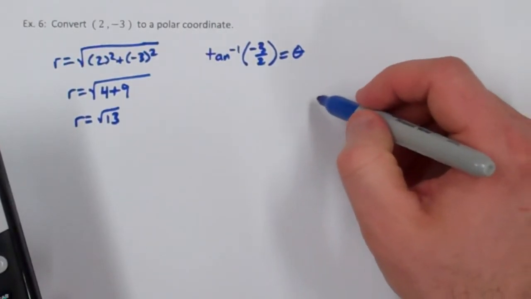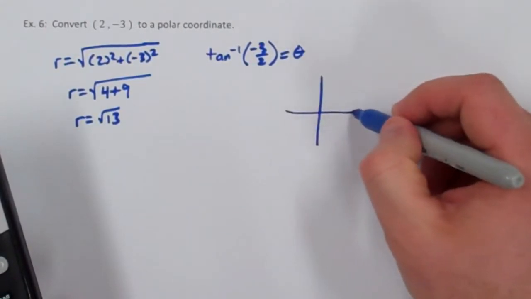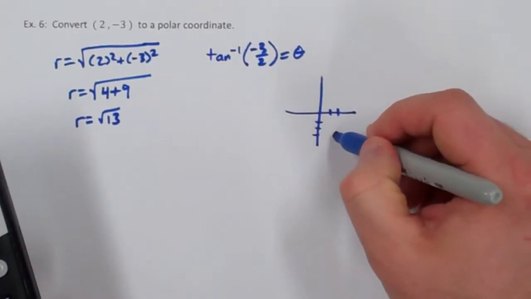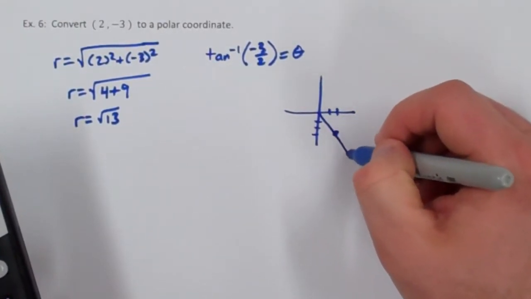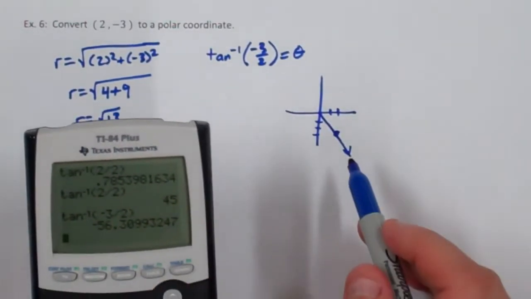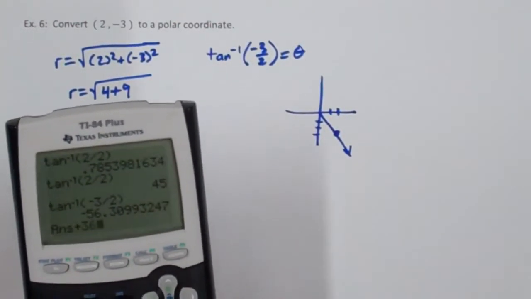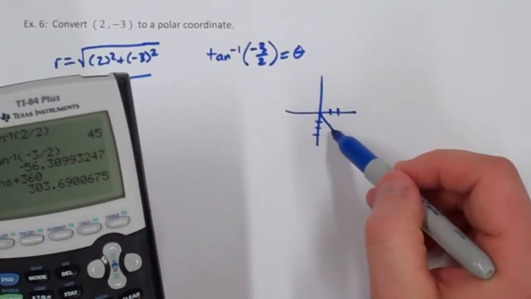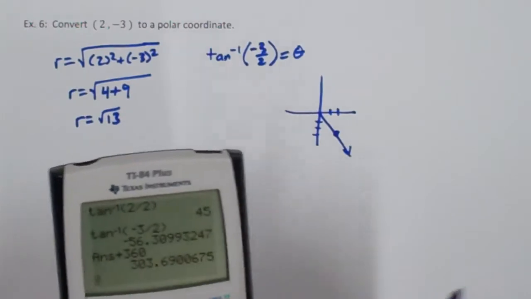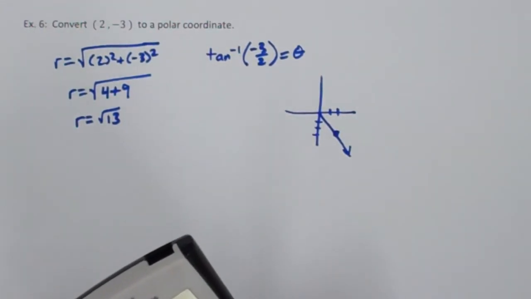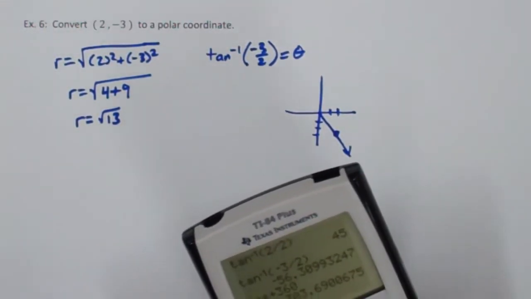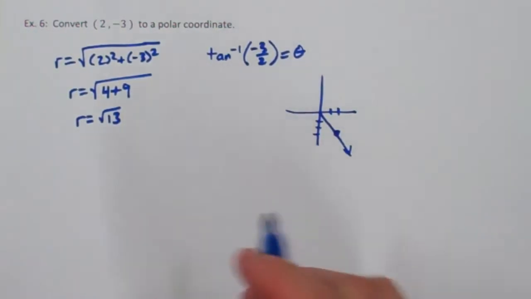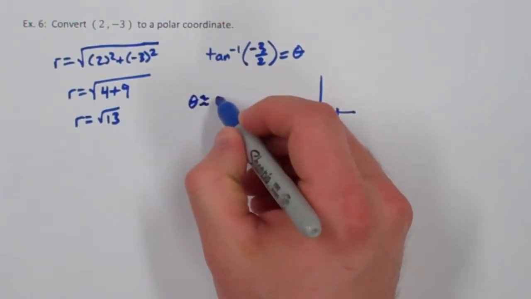So what I'll do for you is draw a quick sketch of where this is. So this would be 2 and then negative 3. So this is definitely negative 56 degrees. If you wanted to use the positive value, all you need to do is add 360. And so this would be all the way around to 303, and we'll round to 0.7, I believe. So 303.7 degrees. Theta is about that.